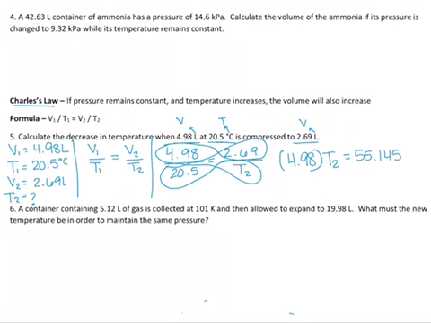Now to solve for T2, we divide each side by 4.98. And we get our final temperature as 11.07 degrees Celsius. Again, the rest of these Charles' Law problems, I believe they go up to number 8, are the same process, but with different variables you might be solving for.